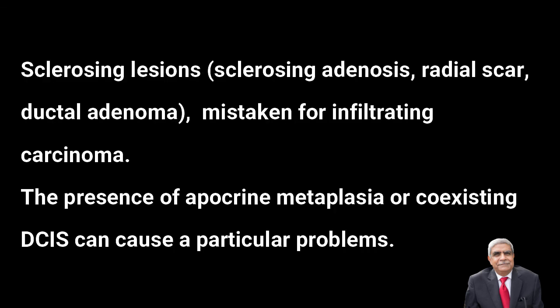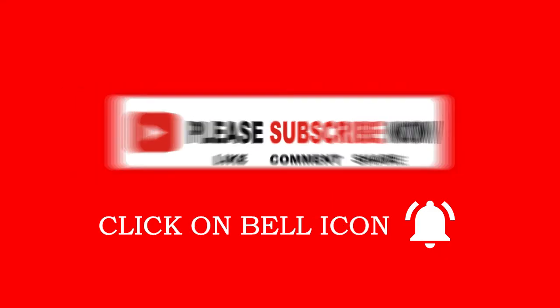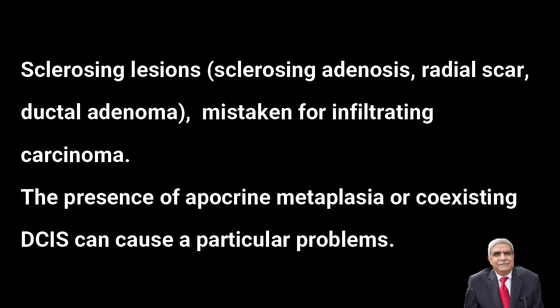Now there are certain benign lesions which mimic carcinoma. Number 1, sclerosing lesions like sclerosing adenosis, radial scar and ductal adenoma may be mistaken for infiltrating carcinoma. The presence of apocrine metaplasia or coexisting DCIS may cause a particular problem.